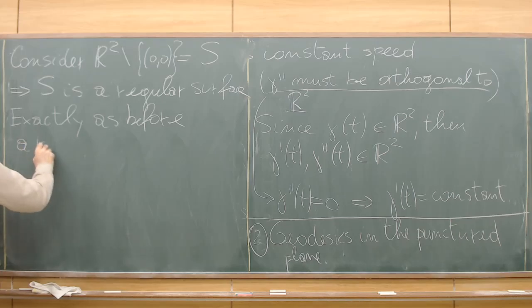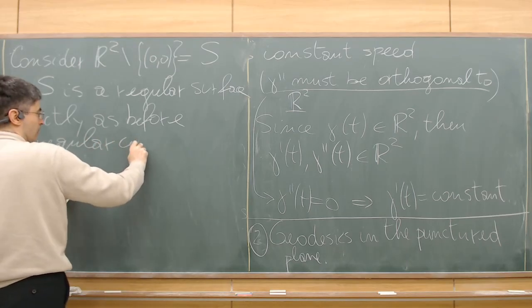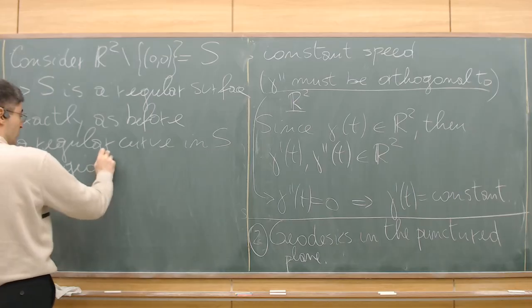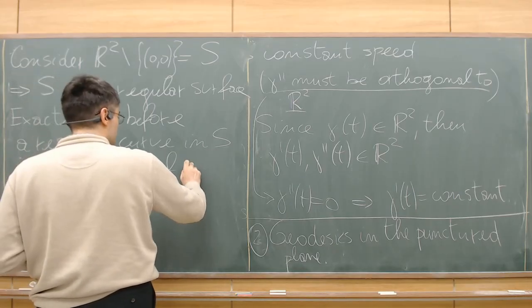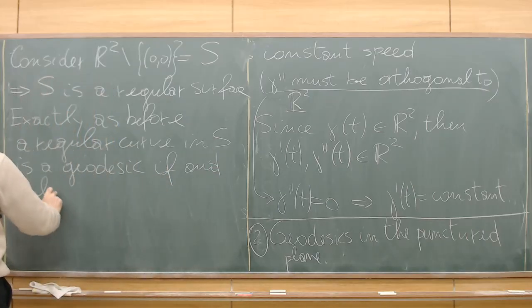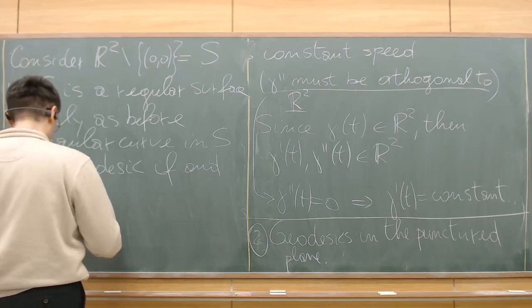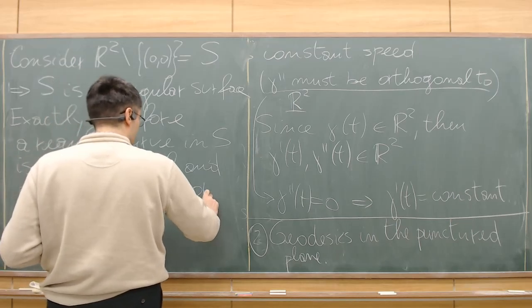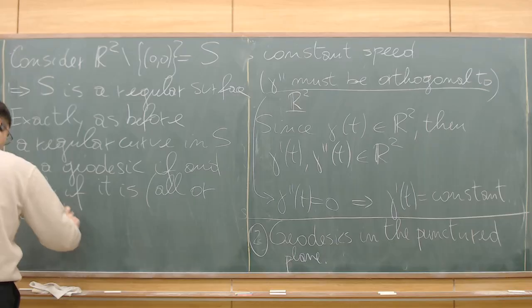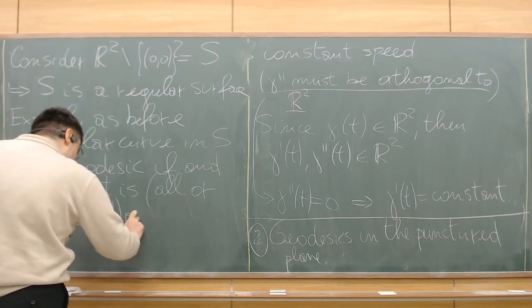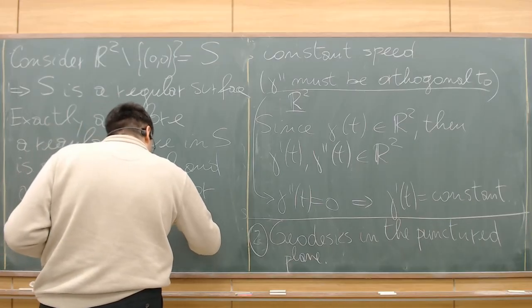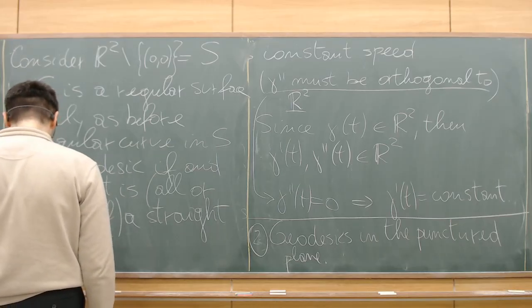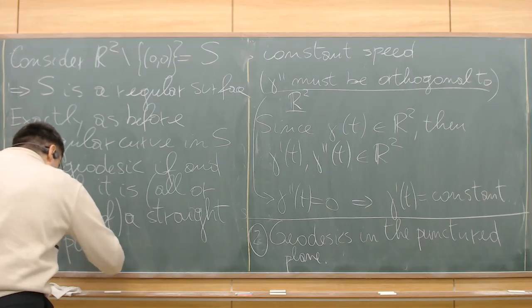A regular curve in S is a geodesic if and only if it is all or a portion of a straight line parameterized at constant speed.